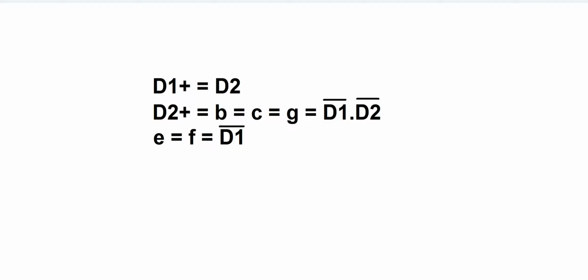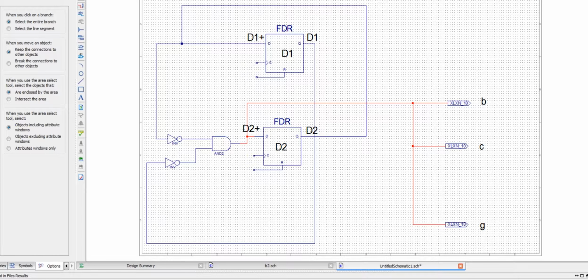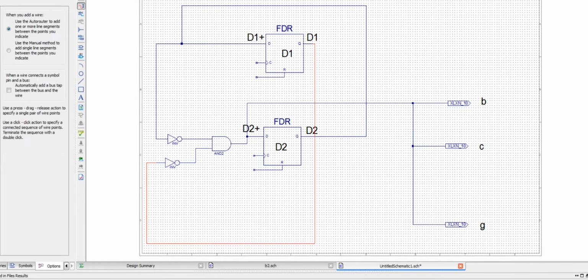So we just have to get not D1. If you follow D1, it goes out of here and then goes to this inverter, and on the other side of the inverter is not D1. So D1 goes to the inverter and not D1 comes out, because an inverter always reverses things.